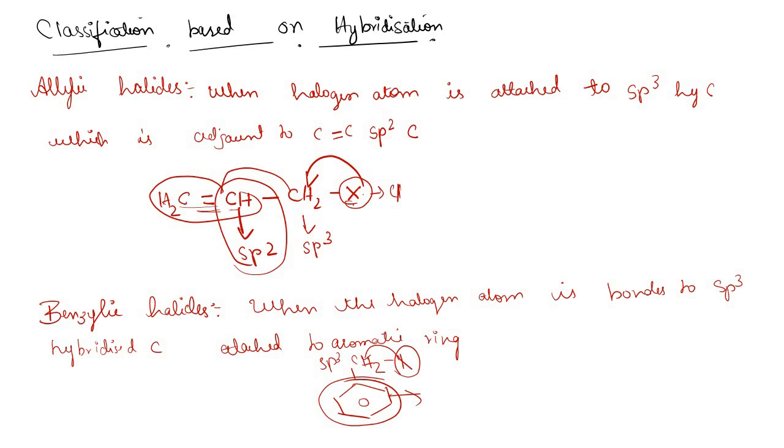So the next classification we shall see is vinylic halides and aryl halides. I'll write it down here: vinylic halides and aryl halides.